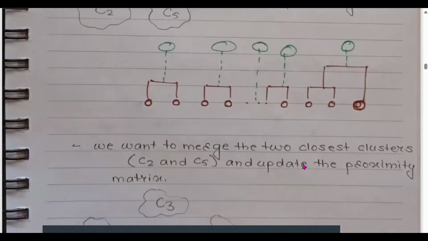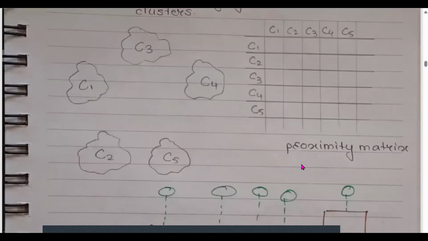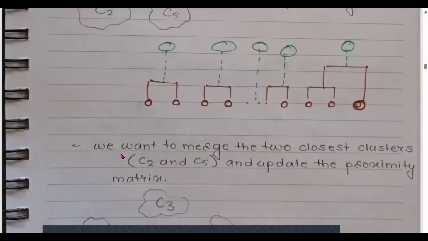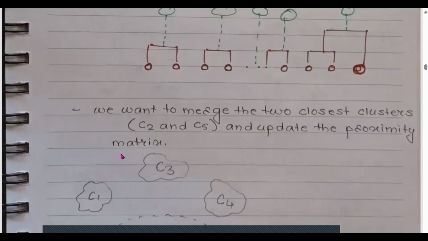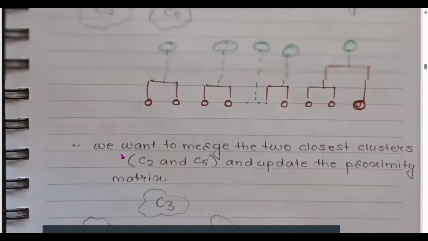We want to merge the two closest clusters, C2 and C5, and update the proximity matrix.